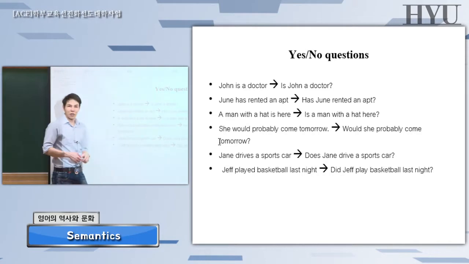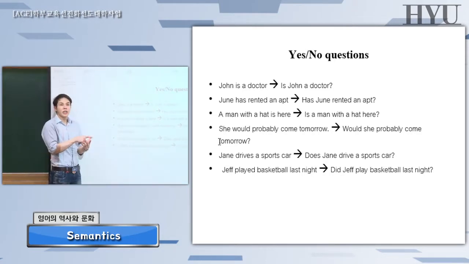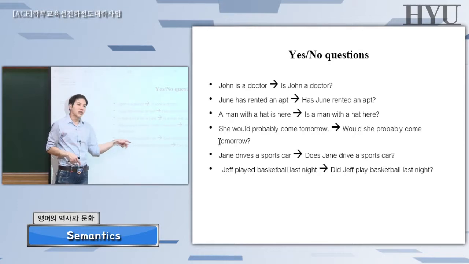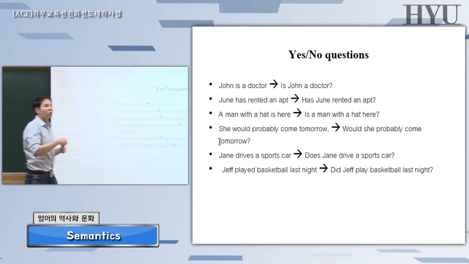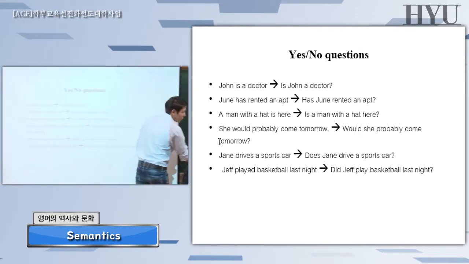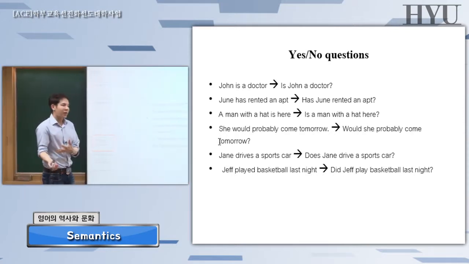Did Jeff play basketball last night? So in the original sentence, there's no is or are or am or modal, right? Only the true verbs drives and played. So what you do in this case is you use the verb to do, do support, which is also an auxiliary.